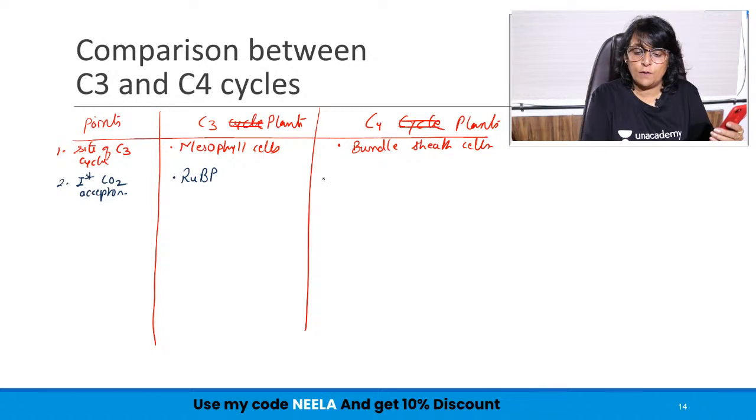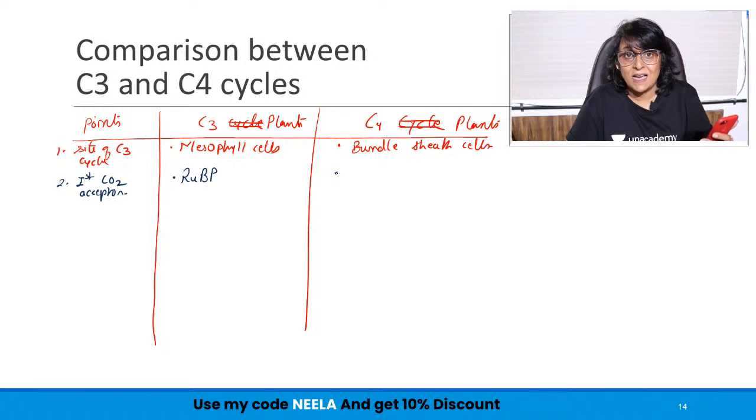Now what about C4 plants? Which is that molecule that accepts carbon dioxide first? Is it RuBP or is it some other molecule?